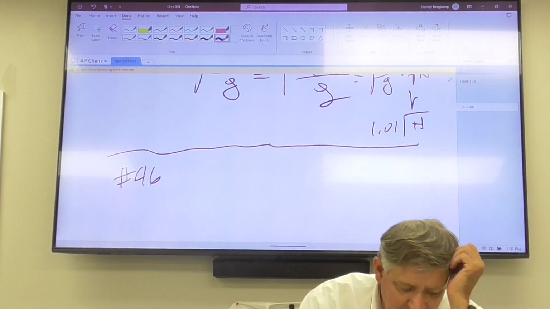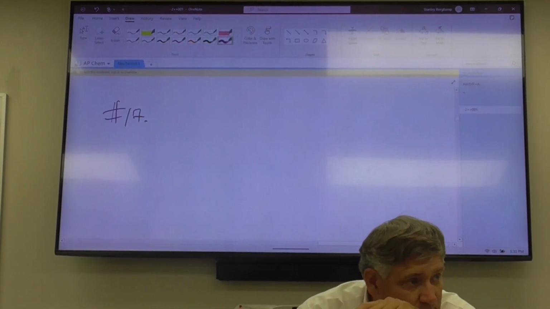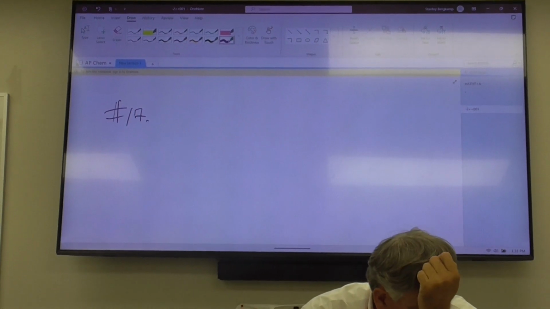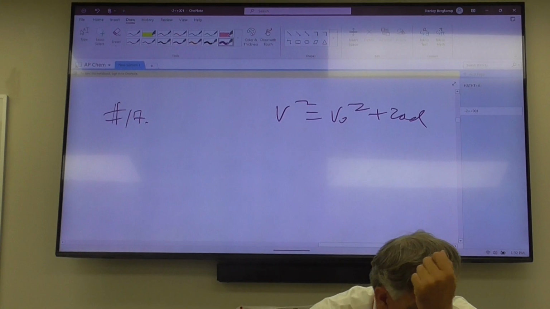On number 17, wait, on 46B, I'm just confused on that. Look at it from that equation standpoint.